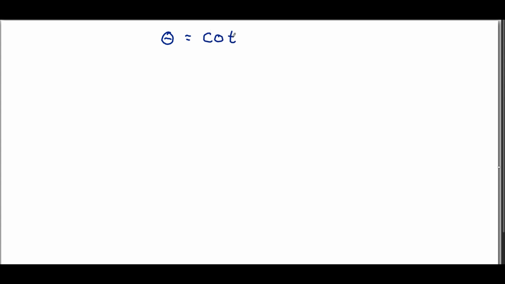I'm not going to make that mistake again, of x, and we have cotangent of theta equals x, and cotangent theta equals cosine of theta over the sine of theta.